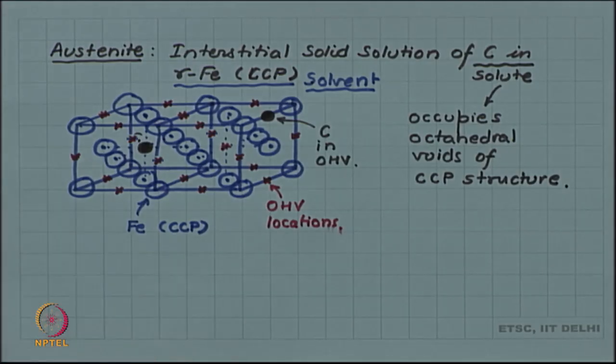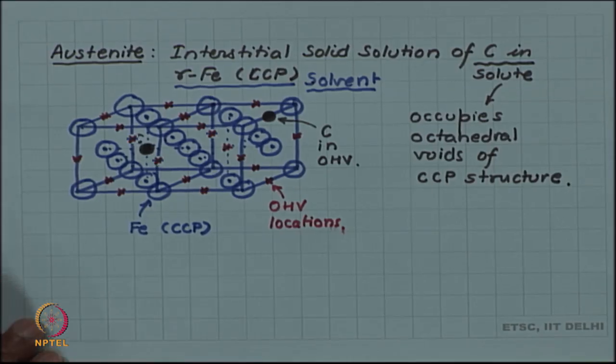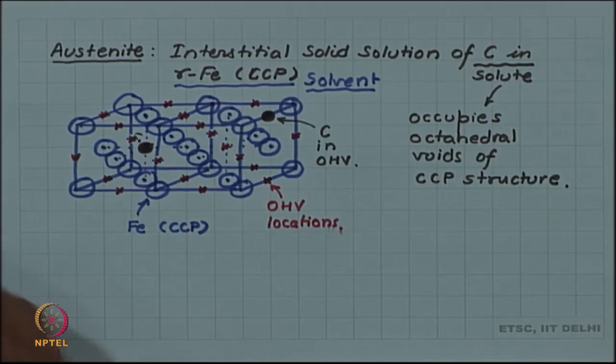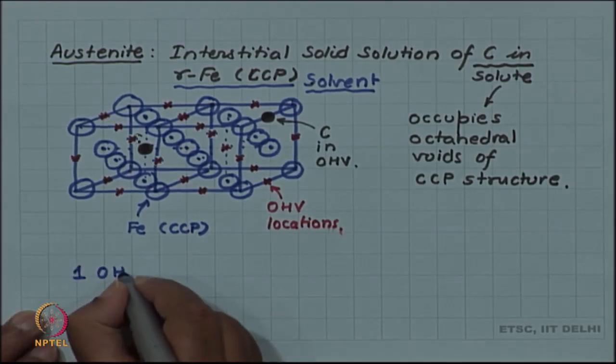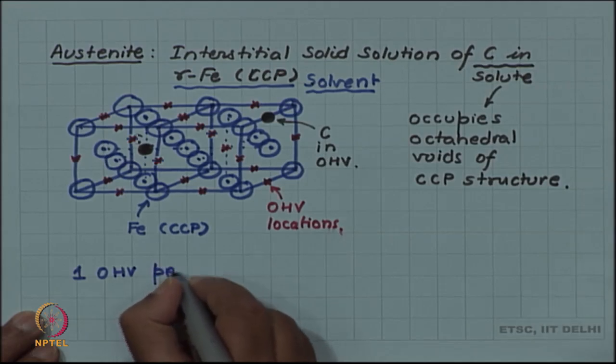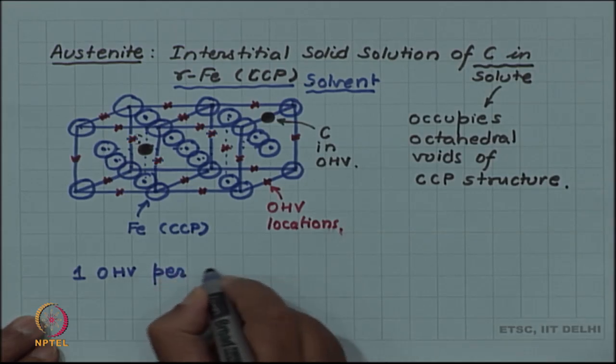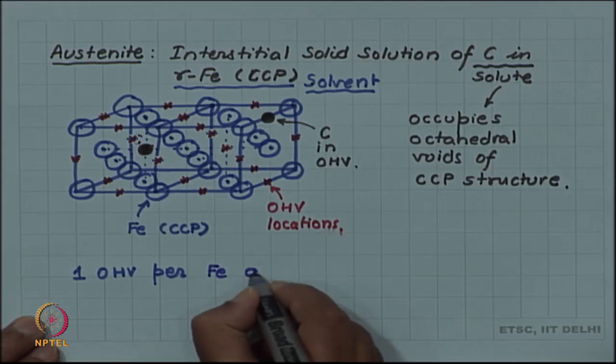So, the overall structure is cubic close packed of iron. It has several octahedral voids. In fact, just recall that there is one octahedral void per iron atom.